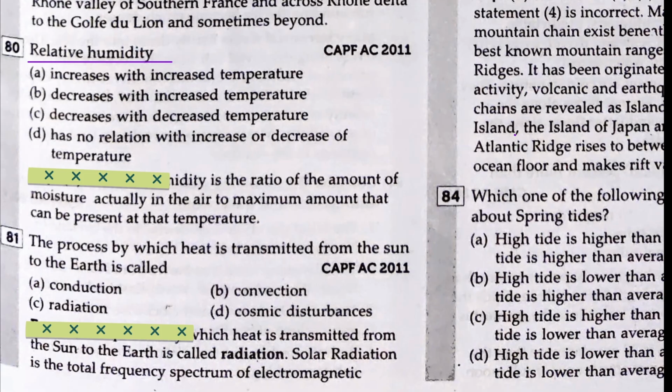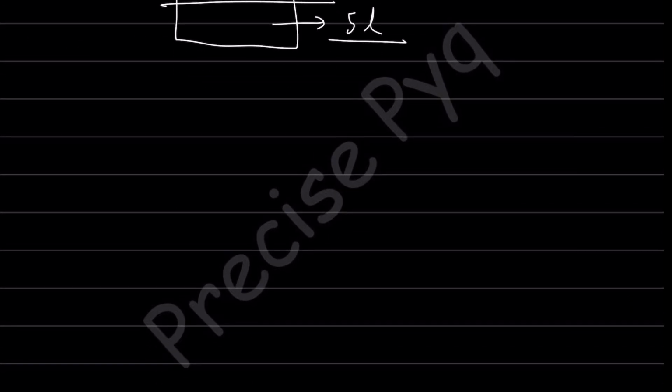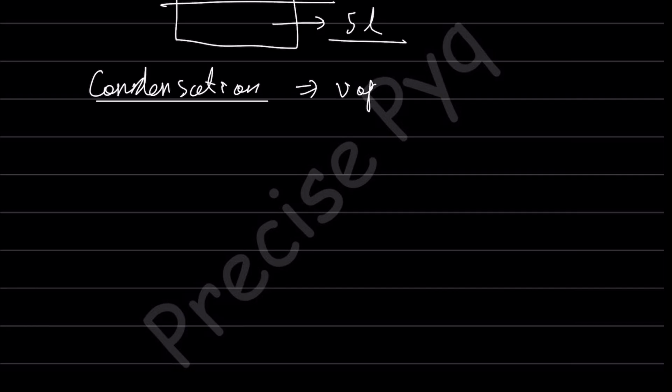Now next, let's see what this is. Relative humidity increases with, okay, let's go ahead. Let's understand condensation, then you will be able to understand this. Condensation simply means vapor into liquid. Let's say an air parcel has 10-liter capacity.